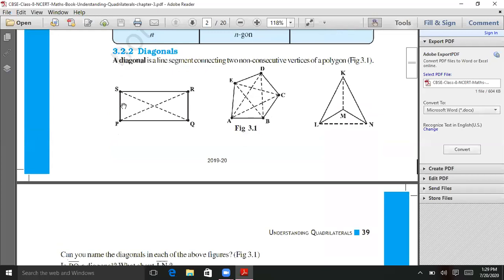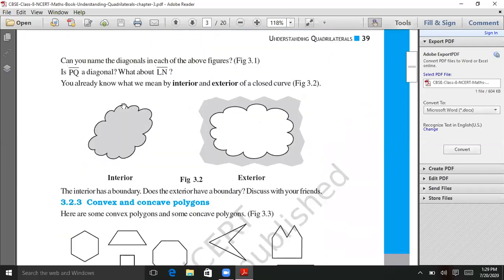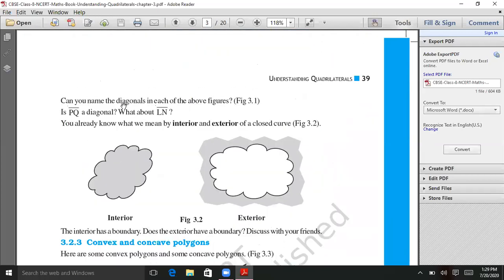So after diagonals, we move to the interior and exterior. I hope it's also clear to you. You have done it earlier also, interior part, exterior part. So figure के अंदर का part है, obviously that will be called interior, and outside part will be called exterior. The internal part will be called interior, and the external part will be called the exterior of the figure, closed figure.